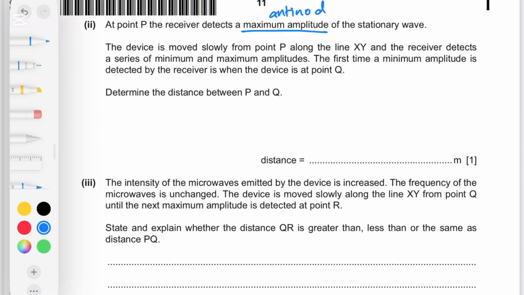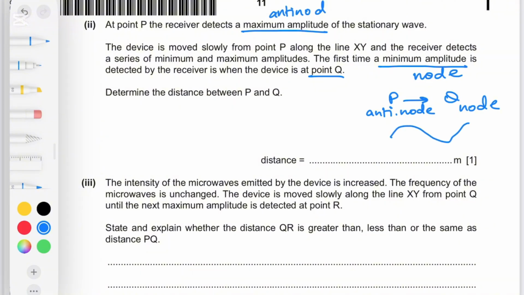The first time a minimum amplitude, meaning a node, is detected by the receiver is when the device is at point Q. So from point P to point Q, you observe the first antinode and then the first node.